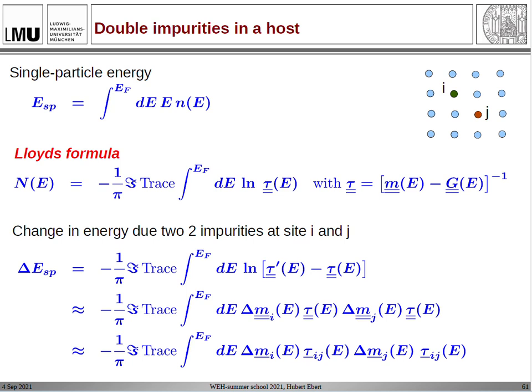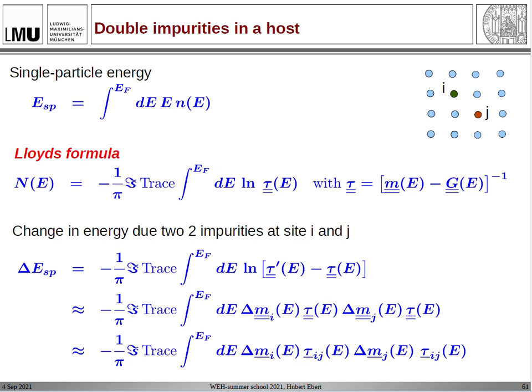So leaving them out would give us tau, putting them in gives us t prime, and if we take the difference between the two, we get at the end, after a little calculation, this simple expression: the change in the inverse T matrix at site I, times tau connecting sites I and J, times the change in the inverse T matrix at site J, multiplied by the scattering path operator JI. Exactly, the scattering path operator is connecting these two sites.